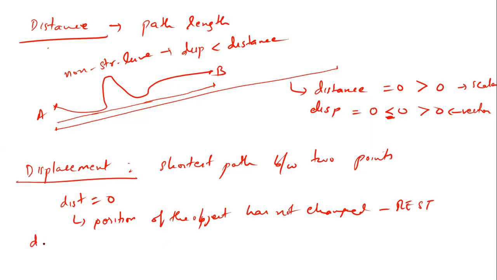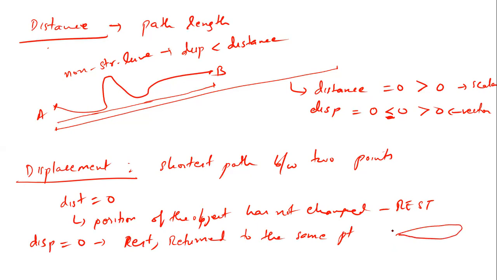While when I say displacement equal to 0, you can say the object is at rest, or the object returned to the same point. So this is what we can say. A particle starts from here, goes here, and again comes back down.